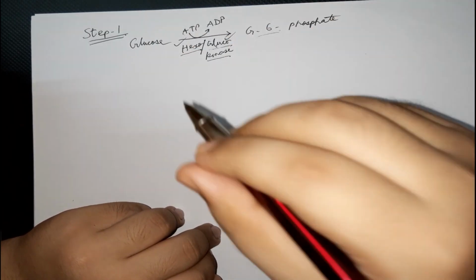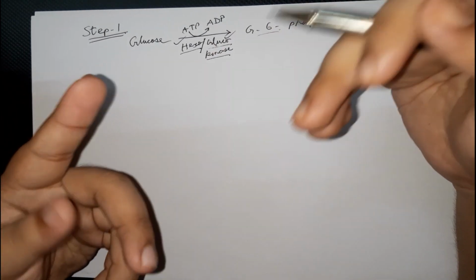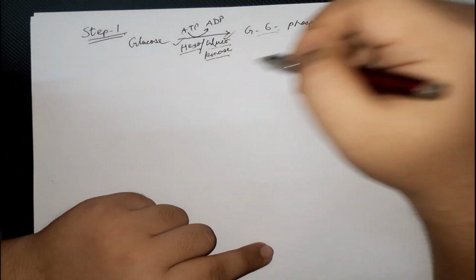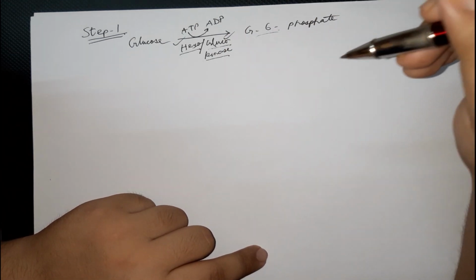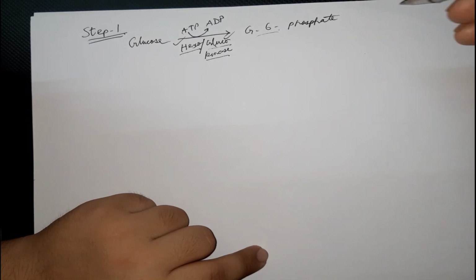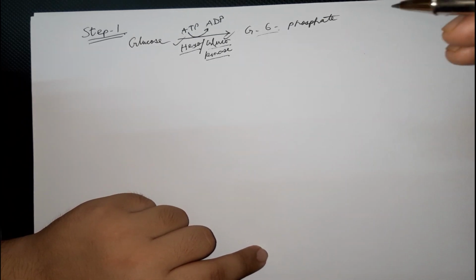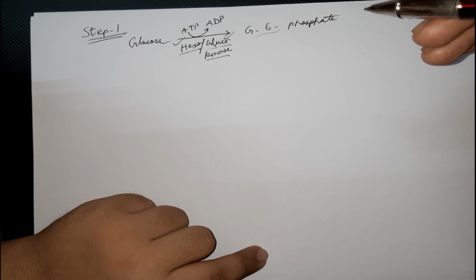Now, the most important thing to talk about regarding this step is hexokinase and glucokinase. I had already said a sentence or two about this, that hexokinase and glucokinase are considered isozymes of each other. So they are isoenzymic forms of each other, but they have their fair share of differences.